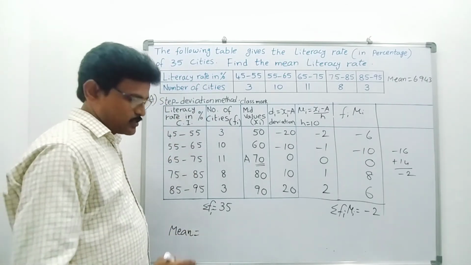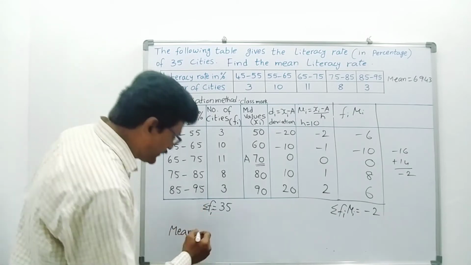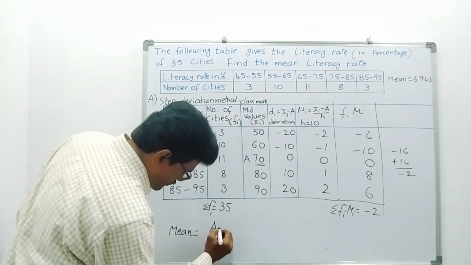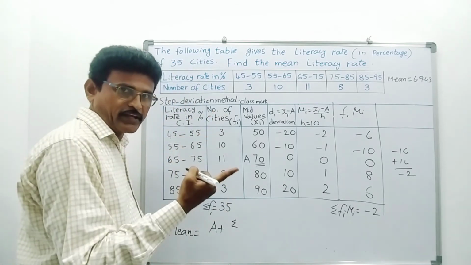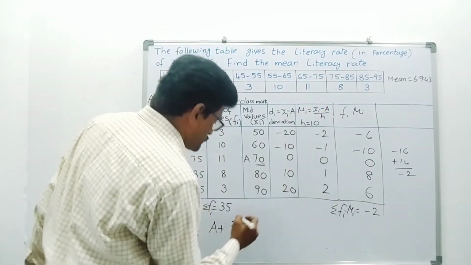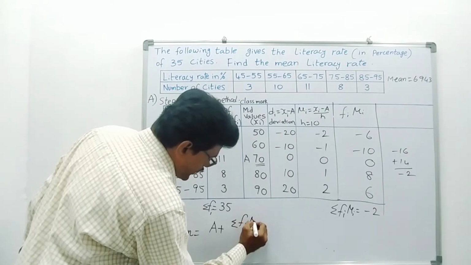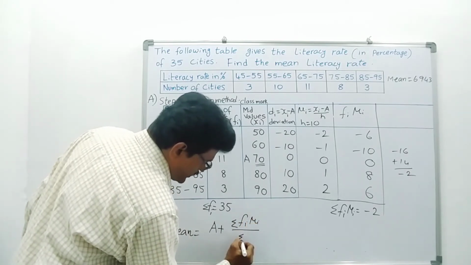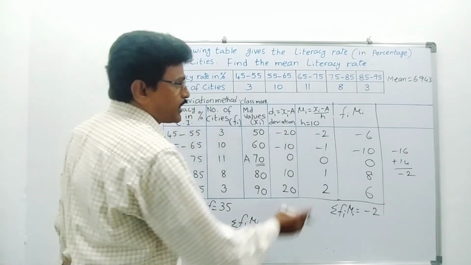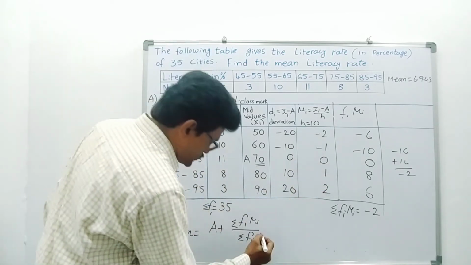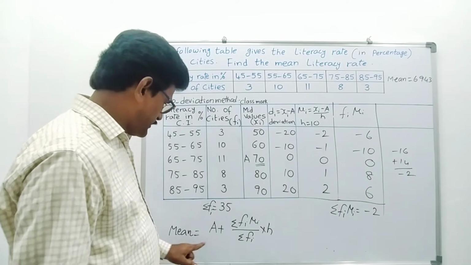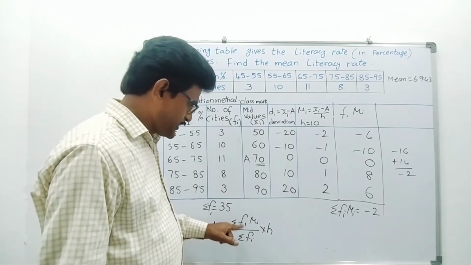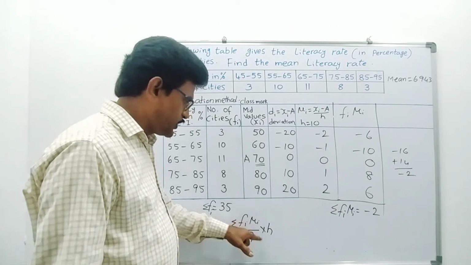Now, what is the formula here? Very simple steps. In the deviation method, what do we write? A plus sigma f_i d_i by sigma f_i. But here, what are we finding? Sigma f_i u_i by sigma f_i. Here we are dividing by h, so we have to multiply by h. This is the formula: mean equals A plus sigma f_i u_i by sigma f_i, into h.